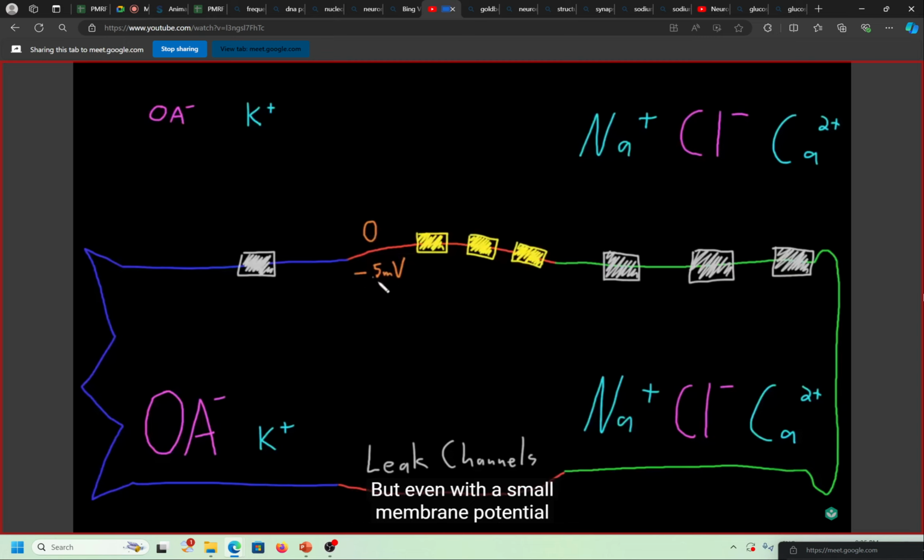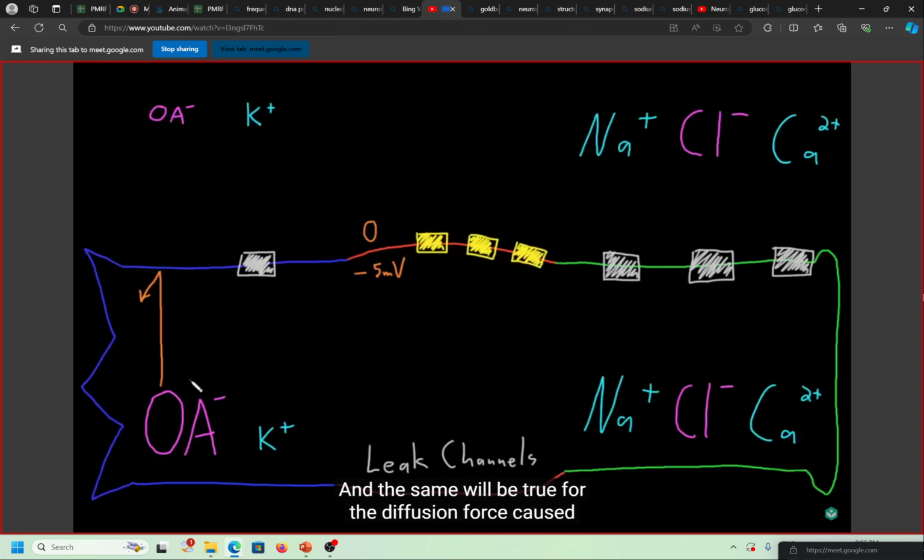But even with a small membrane potential, there will now be an electrical force acting on the organic anions, because they will be attracted to the more positively charged outside of the membrane, so the electrical force will be trying to drive organic anions out of the neuron, but they won't be able to leave, because it turns out that the membrane is highly impermeable to the organic anions.